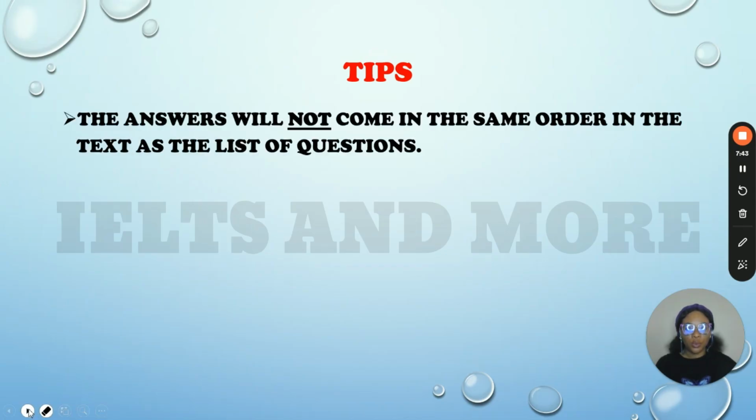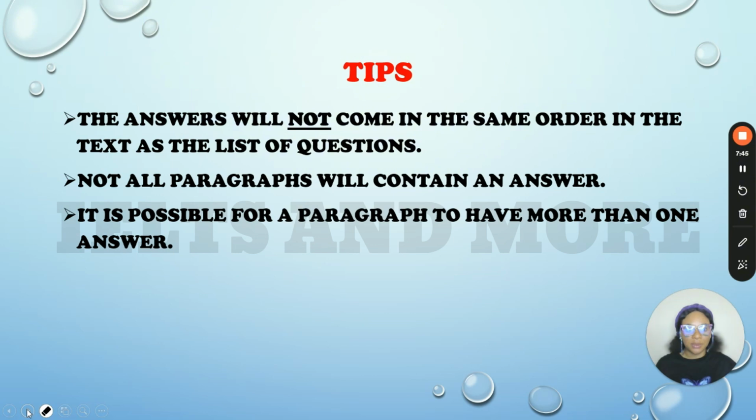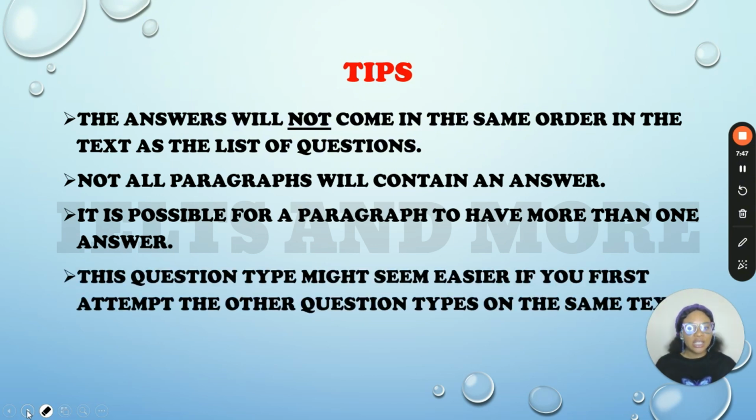Moving on, we've looked at the first 3 tips. The next one says, this question type might seem easier if you first attempt the other question types on the same text. So for example, usually you'd have 2 different question types on one text or one passage.